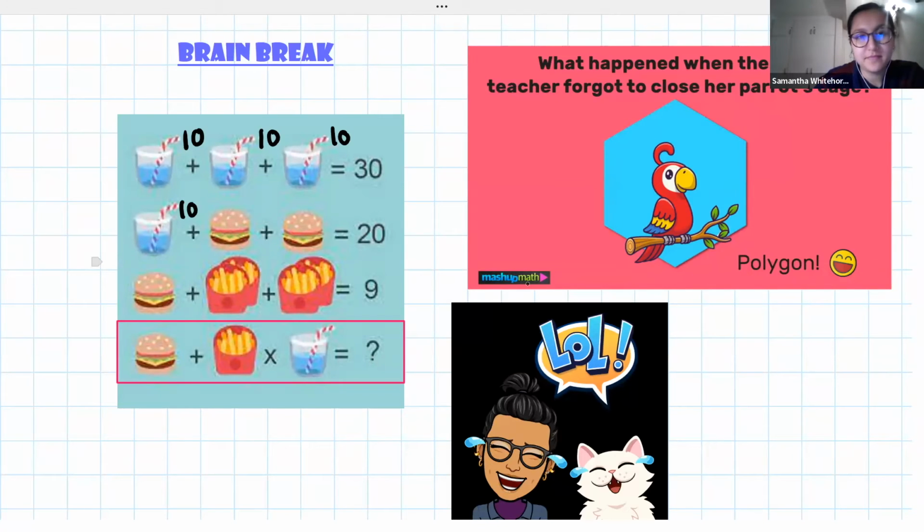Then I divided 10 by 2 and I got 5 for 1 bigger. Then for the third equation, I said 9 minus 5, which I got 4. Then I said 4 divided by 4, which I got 1. So I knew 1 packet of the fries is equal to 1.